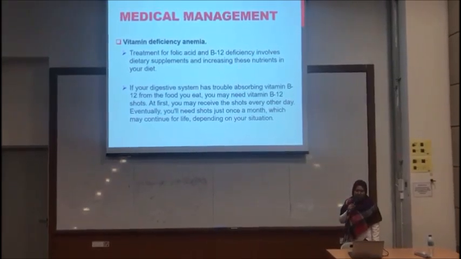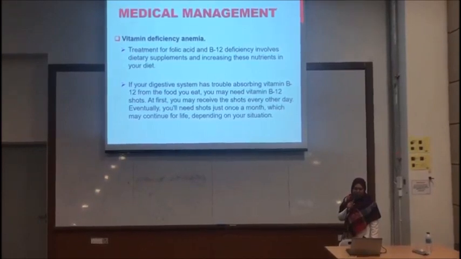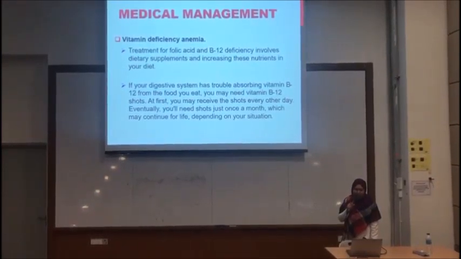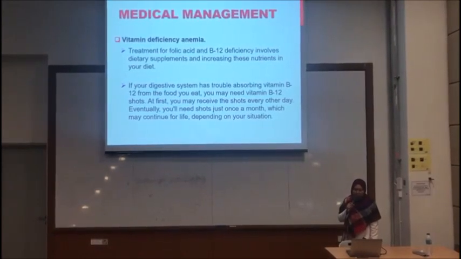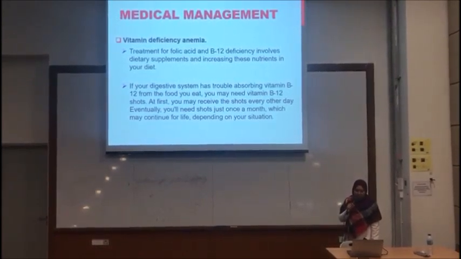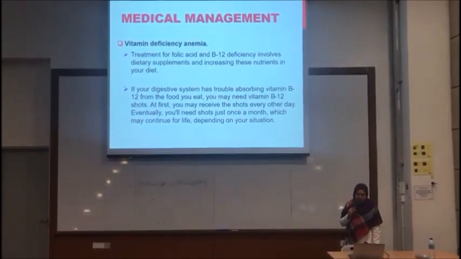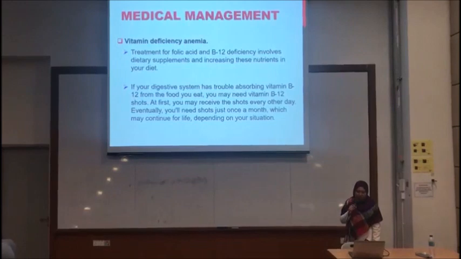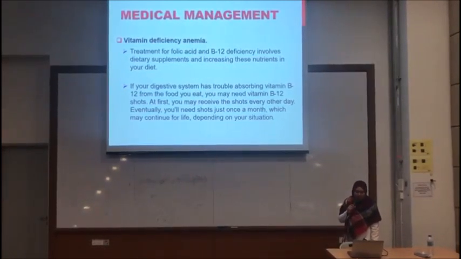For vitamin deficiency anemia, treatment for folic acid and B12 deficiency involves dietary supplements and increasing these nutrients in your diet. If your digestive system has trouble absorbing vitamin B12 from the food you eat, you may need vitamin B12 shots.